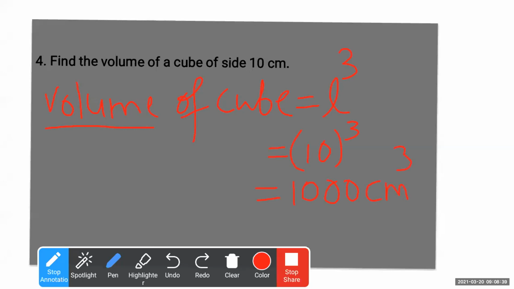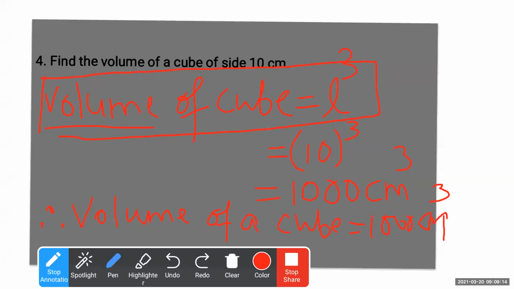So when you write the formula, students, you put it in a block, you highlight it with the help of a pencil, and then do the substitution. At last, you need to write the answer. Therefore, volume of a cube equals 1000 cubic centimeter or centimeter cube.